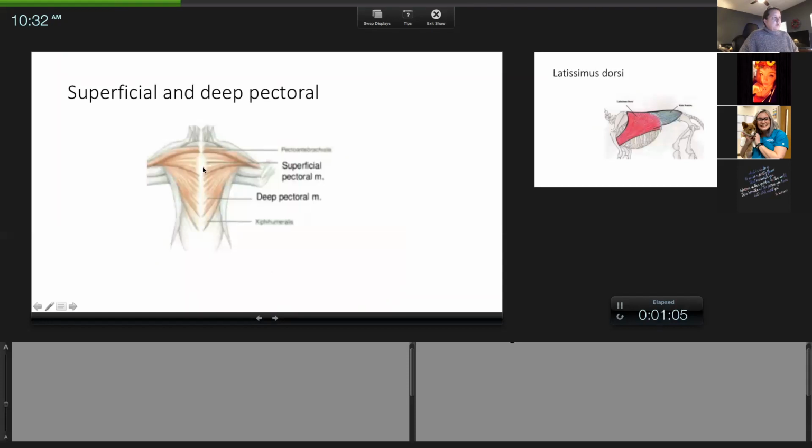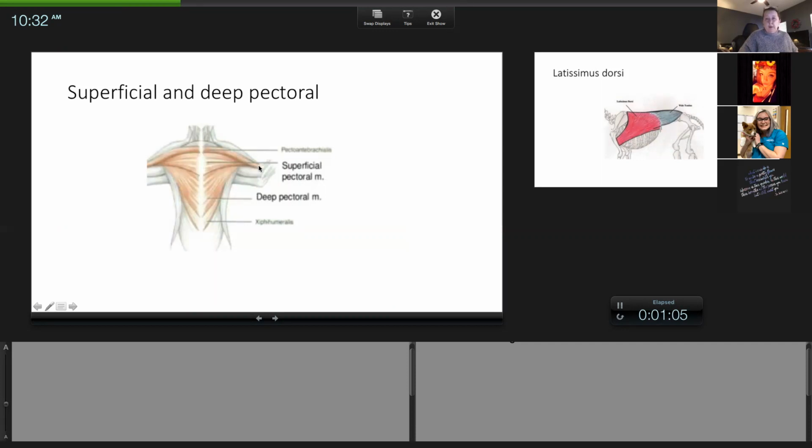Okay, these are the pectorals, and again, remember, they are layered, and we have a superficial and a deep pectoral. If we look at our origin, now this is a cat that's in VD. So this cat is on its back. You're looking right here. Basically, the origin is the sternum. They're going to insert over here at the humerus, the greater tubercle of the humerus.